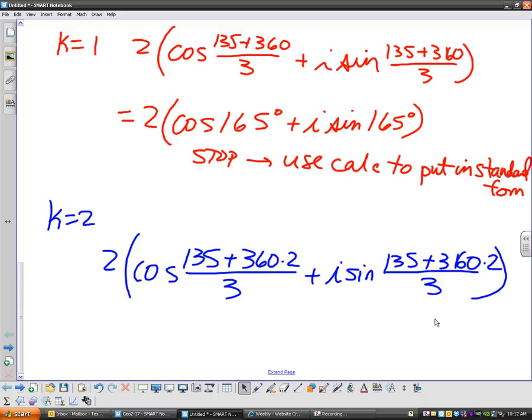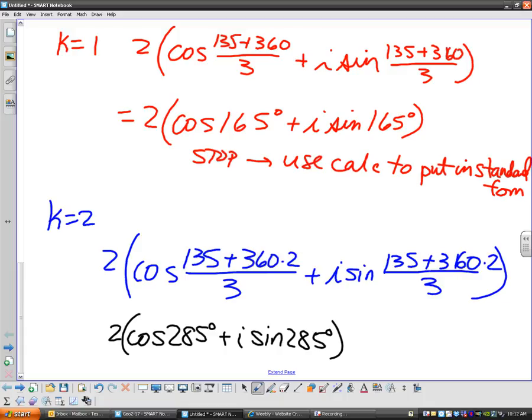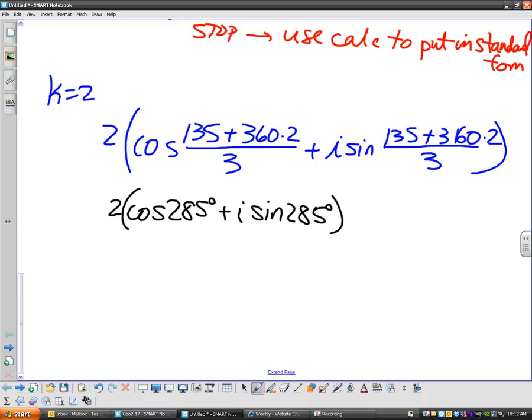So then our angle is going to be 285. So we have 2 times the cosine of 285 plus i times the sine of 285. So there's the third cube root.